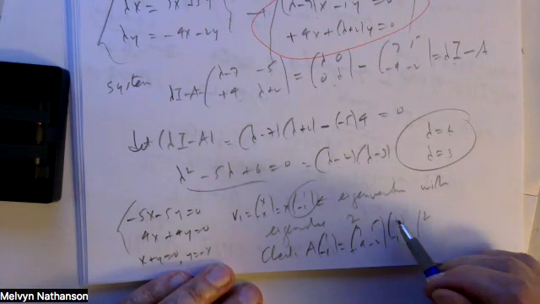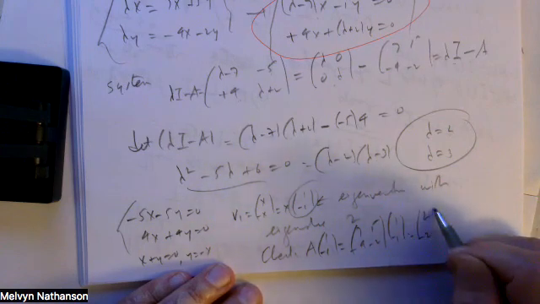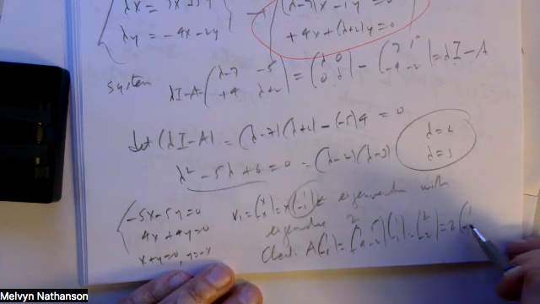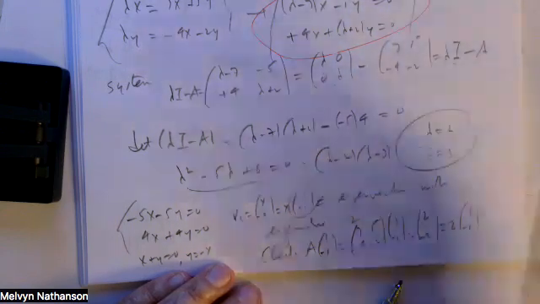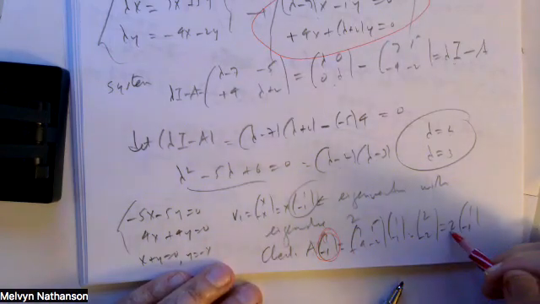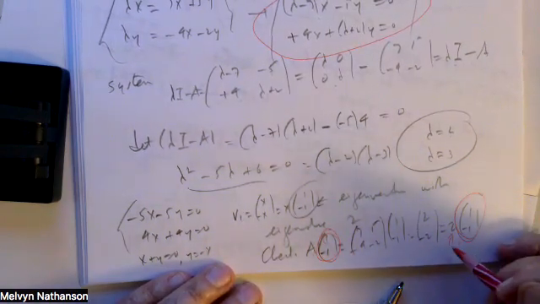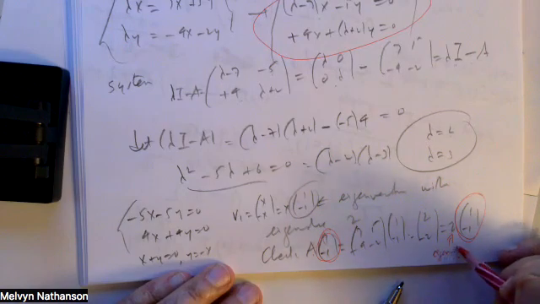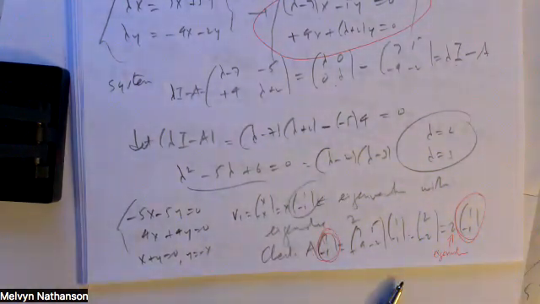This is minus 4 plus 2, which is minus 2. This is 2 times 1, minus 1. So I apply the matrix A to the vector 1, minus 1, and I get 2 times 1, minus 1. And 2 is the eigenvalue. That's exactly the definition of eigenvector and eigenvalue. So I have an eigenvalue 2, and I found an eigenvector that goes with it.